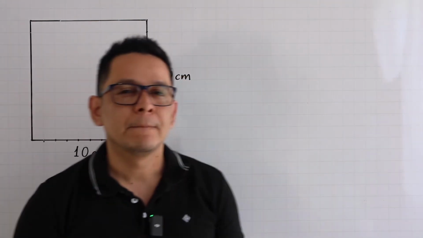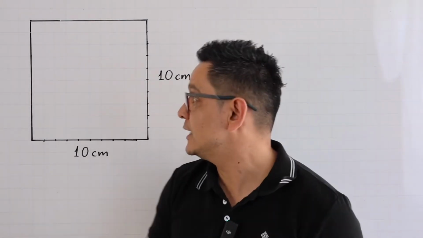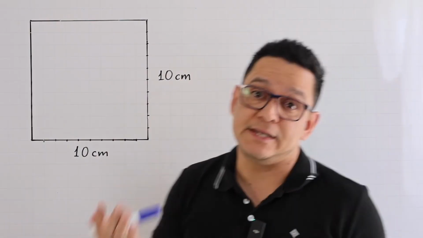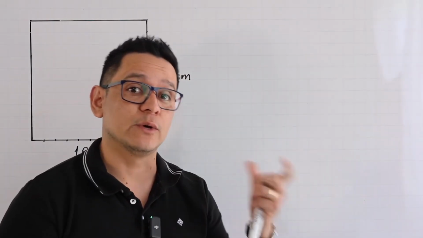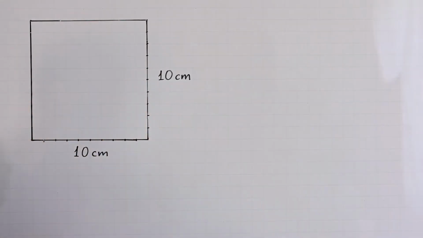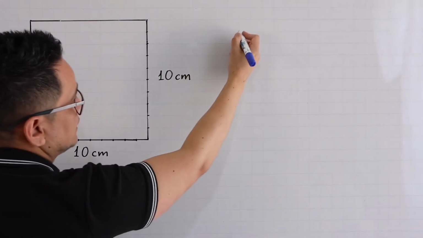Now please start thinking about what the area is. Start calculating the area of this square. Well, in this case, we already know that the area of a square is calculated by multiplying the length of the base by the length of the height. Or we can think of it as side times side, or side squared, which is the same thing, right?